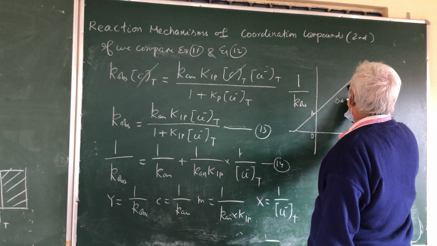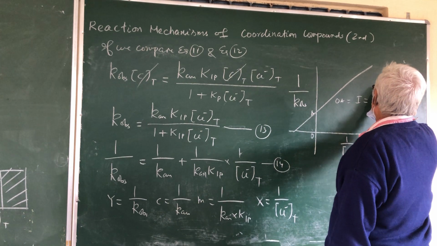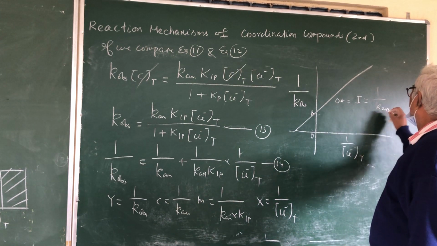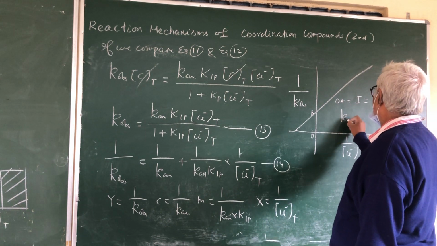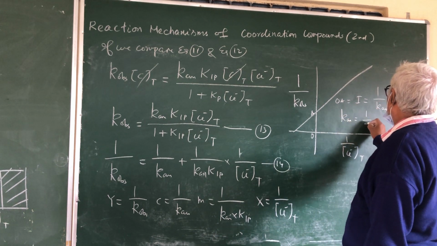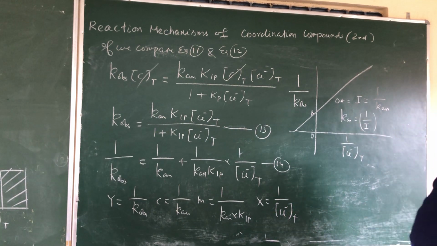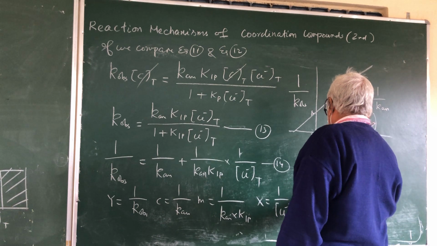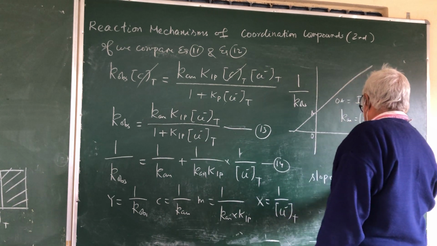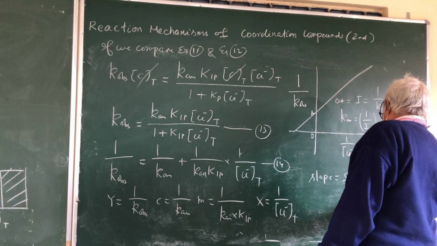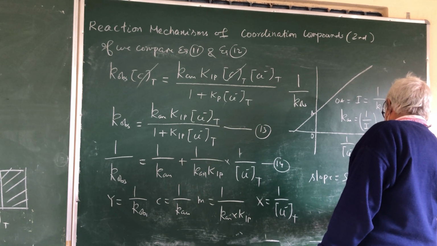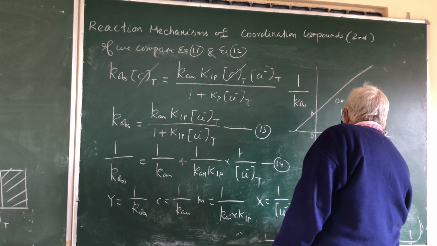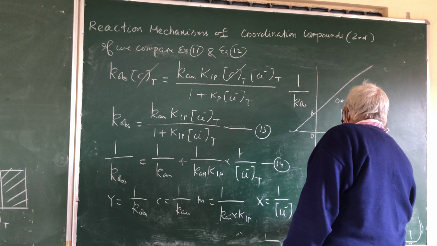So the intercept will be 1 by K Anderson. You get K Anderson from the reciprocal of the intercept. And what is the slope? Slope will be equal to 1 by K Anderson into Ki.